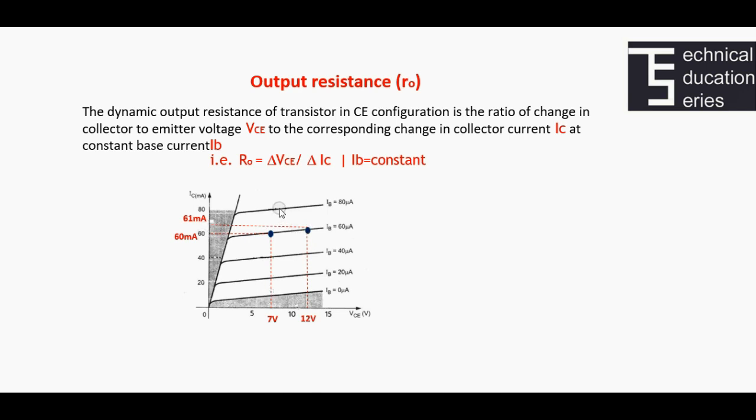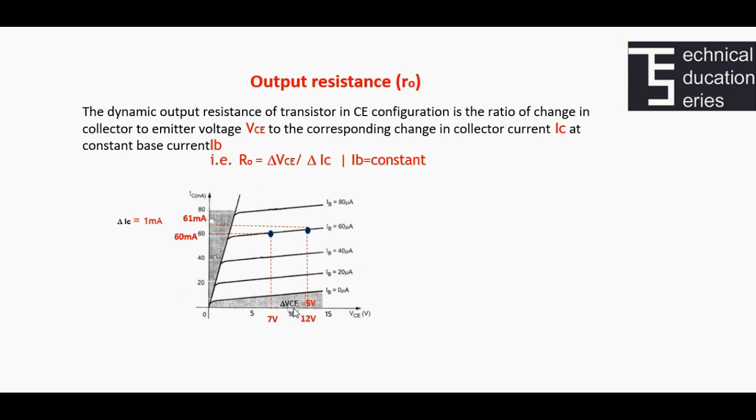Now the change in VCE is 5 volt, that is 12 minus 7, and change in IC is 1 milliampere, that is 61 minus 60.